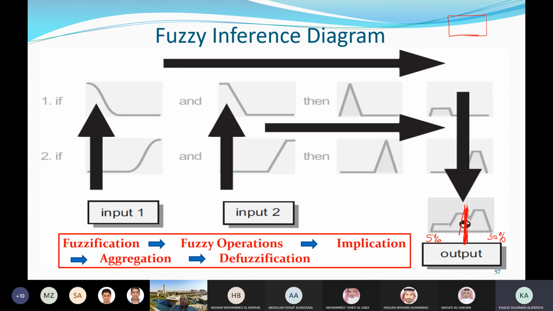Yes, you can say here, this is the block that you have. This is the process. And this is the fuzzy logic controller. You do some measurements here. You measure the speed and acceleration.